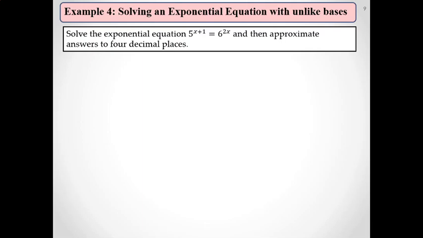Solve the exponential equation 5 to x plus 1 equal to 6 to 2x, then approximate the answers to 4 decimal places. Now there are several ways of solving it. The first way is using the base of 5. So what you can do here is take the log base 5 of both sides.